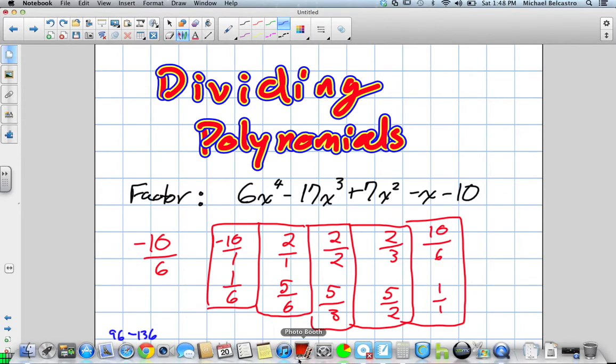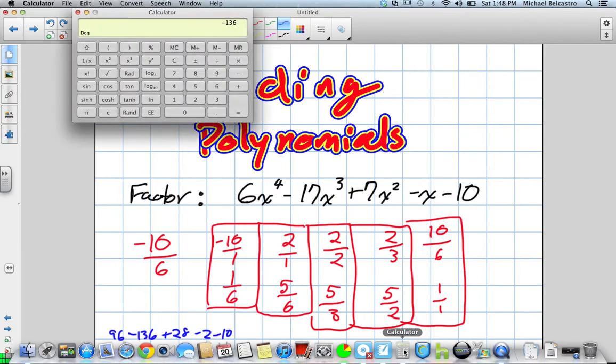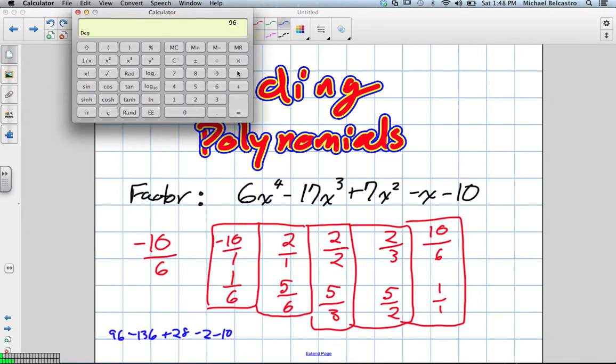Okay, and then 2 squared is 4 times 7 is 28. Minus 2 minus 10. So let's put that together and see if that creates one of our zeros. So we have 96 subtract 136 plus 28 subtract 2 subtract 10.